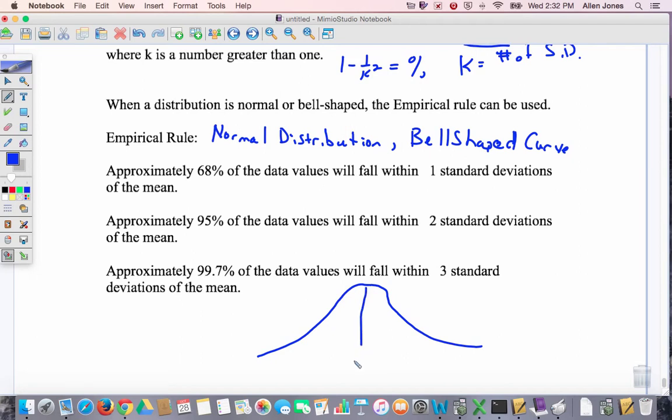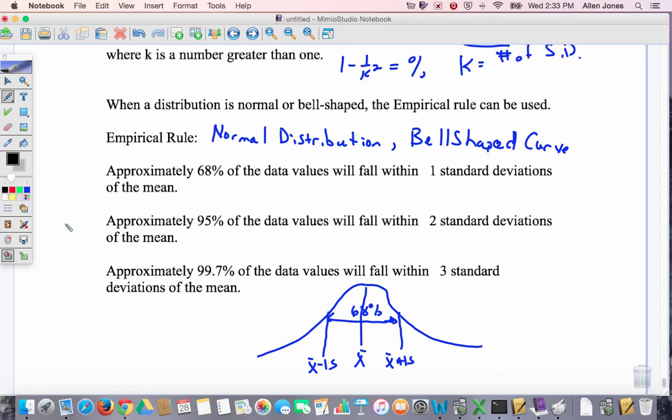The mean goes right down the middle, so our mean goes here. If I go down 1 standard deviation, so our mean minus 1 standard deviation, or I go up 1 standard deviation, that's where 68% of the values are going to lie. That's one of the numbers we're just going to have to basically memorize or know. 68%.